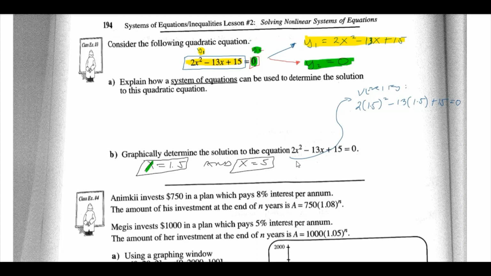So 1.5 squared, then multiply by 2, that gives you 4.5. So that's 4.5 minus 13 times 1.5, that gives you 19.5, and plus 15. So this gives you negative 15 plus 15. That's 0. So 0 is equal to 0. Therefore 1.5 is a solution.